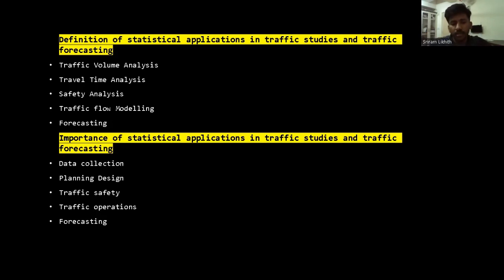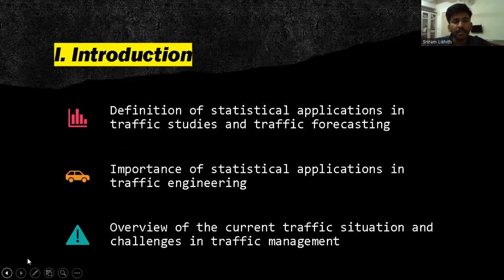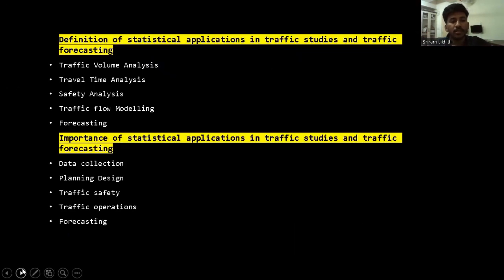If we go to the previous slide, the second aspect of the introduction is the importance of statistical planning applications in traffic engineering. The importance of statistical applications falls into five aspects: data collection, planning design, traffic safety, traffic operations, and forecast.